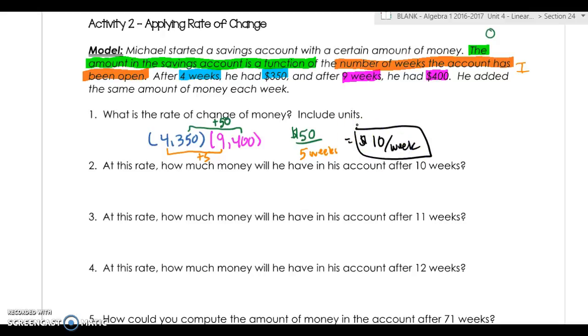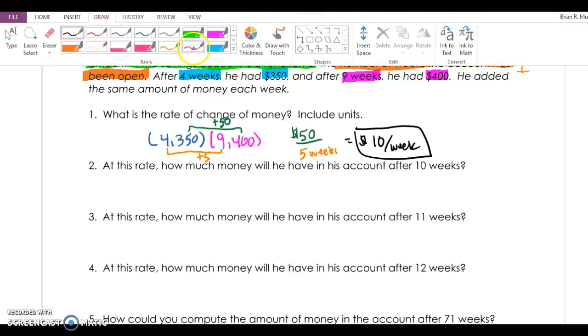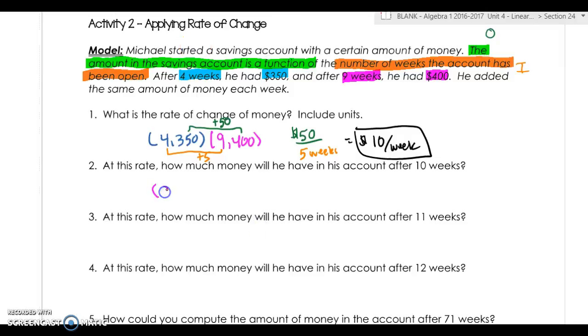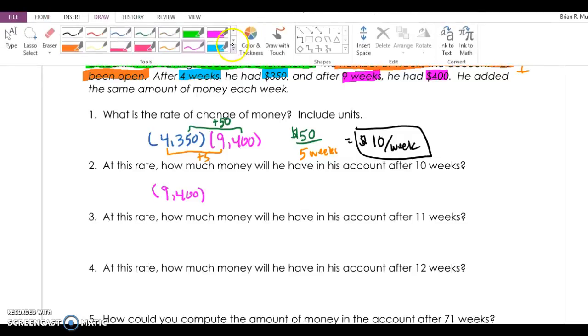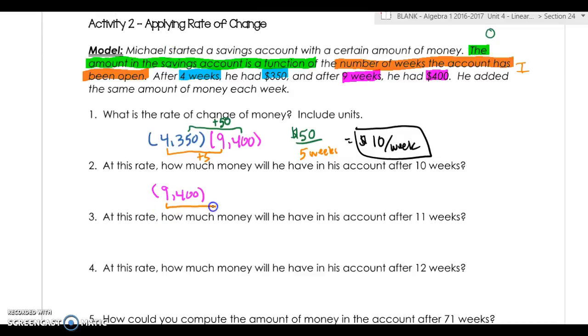All right, so on questions 2, 3, and 4, we're basically saying, now that we know the rate of change, how much more is increasing per week, we want to know how much is in the account at 10, 11, 12 weeks, and so on. So I'm going to figure this out using one of my original pairs here, which is 9, 400. And just intuitively, if we go from 9 weeks to 10 weeks, the change right there is a plus 1 week.